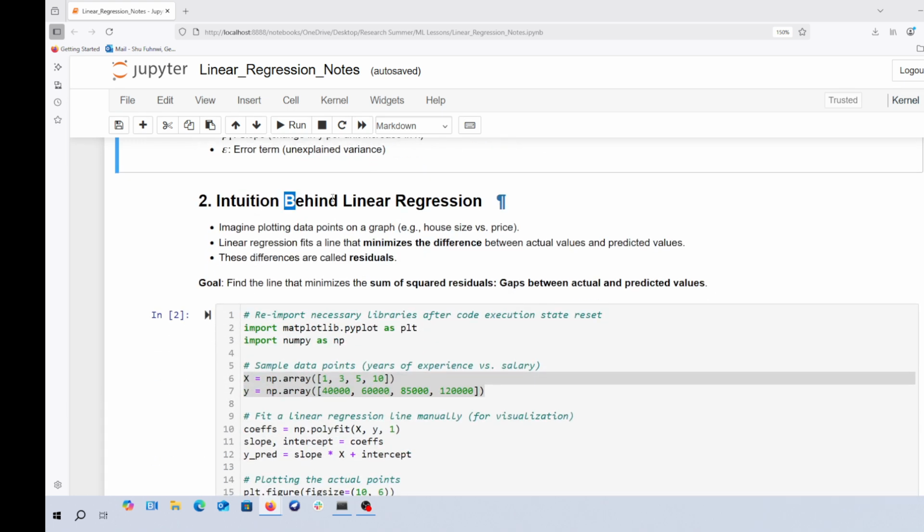So the intuition behind linear regression is, first of all, to imagine plotting points on a graph, which could be the size versus price. And then linear regression will fit a line that minimizes the difference between the actual values and the predicted values.